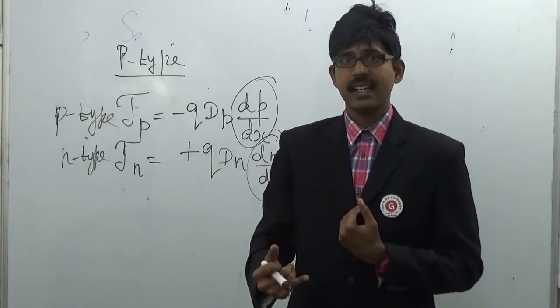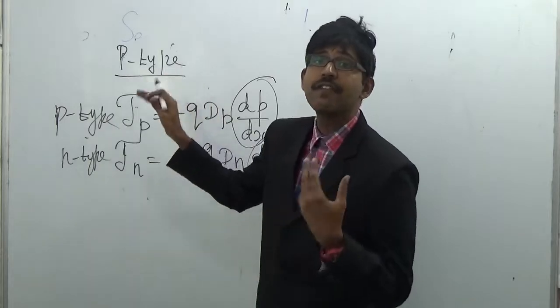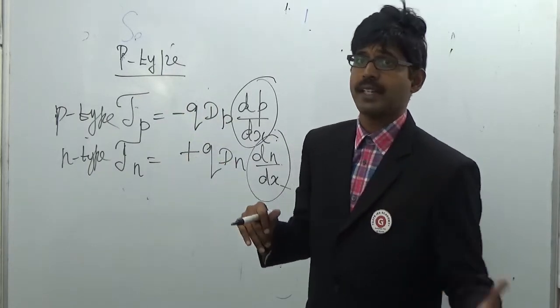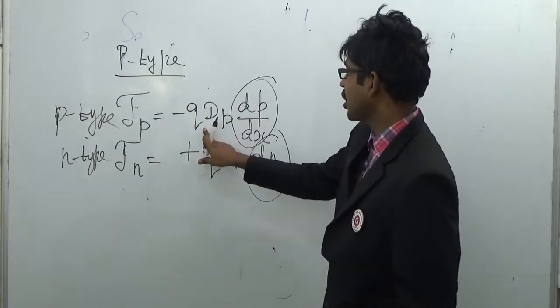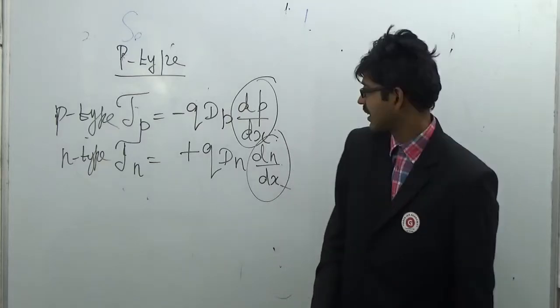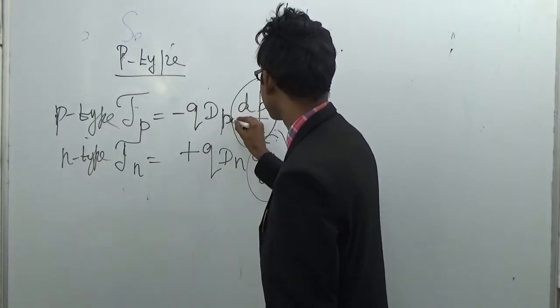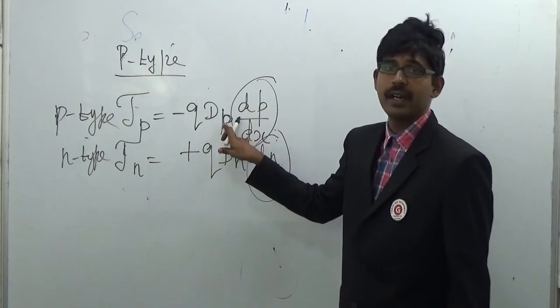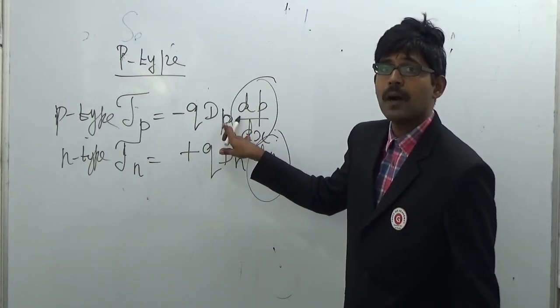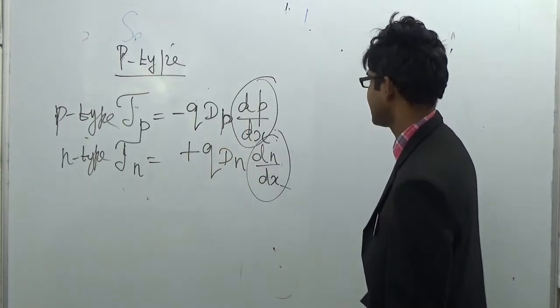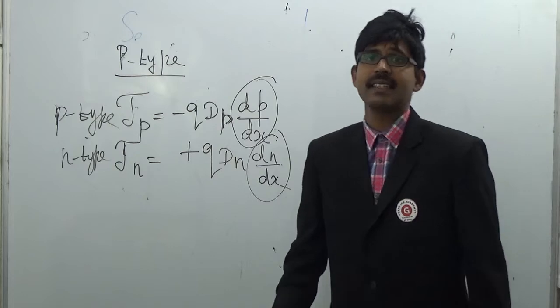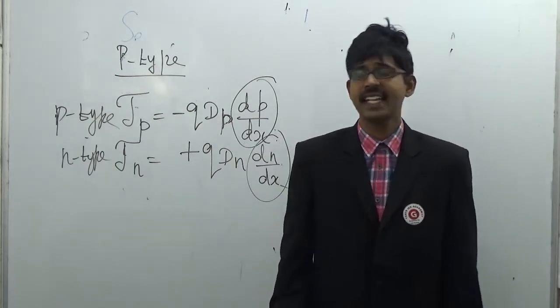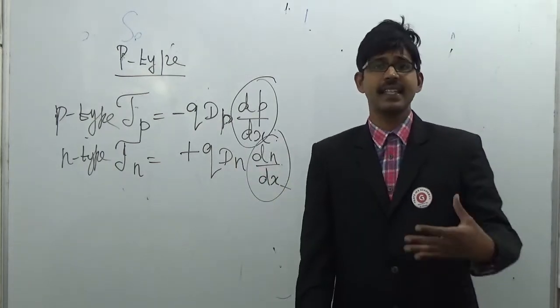This results in the diffusion current density. Is it okay? Now, what is Q? Q is the charge of the electron, and the diffusion coefficient is given by Dp and Dn. For a hole it is Dp, for an electron it is Dn. dp by dx is the rate of change of hole concentration, and dn by dx is the rate of change of electron concentration.